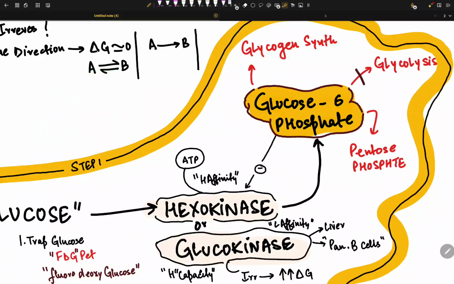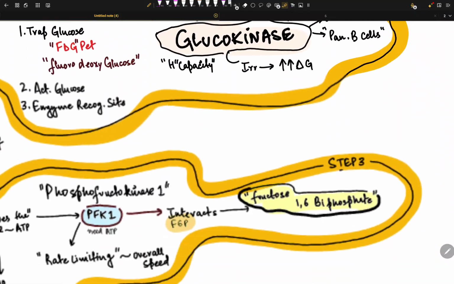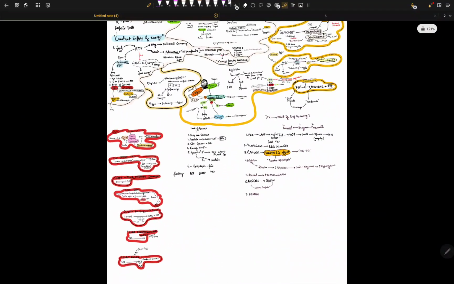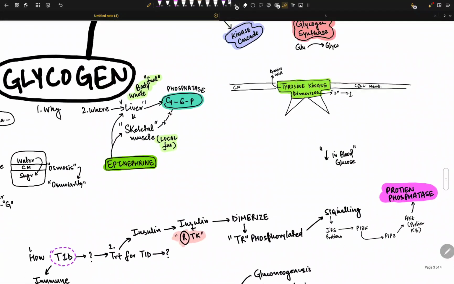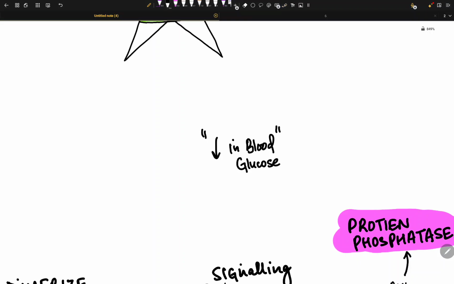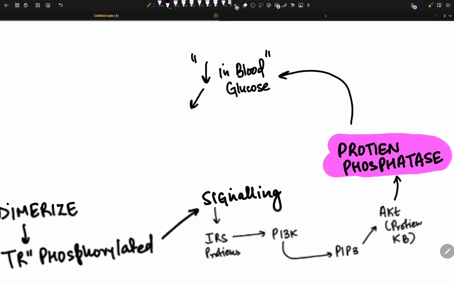So the answer to how blood glucose goes down is glycogen synthesis happening in the liver, not GLUT4. That's important to know.